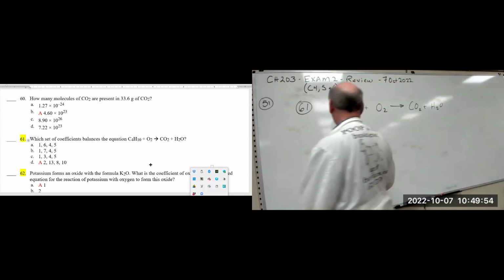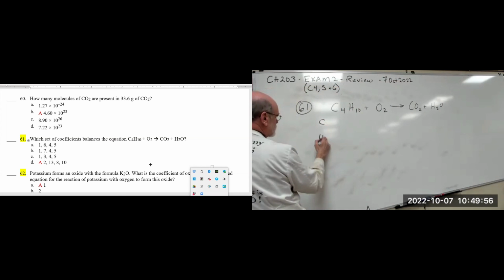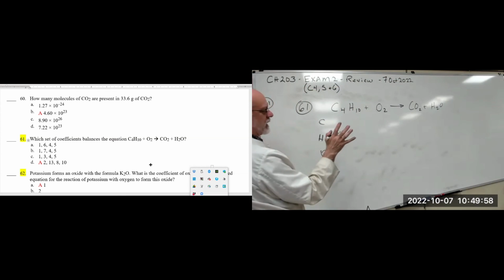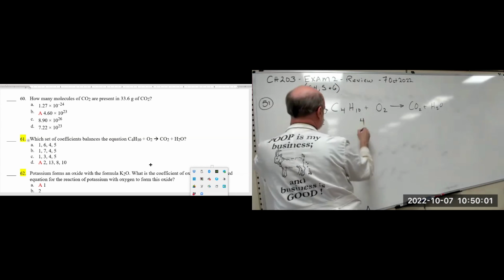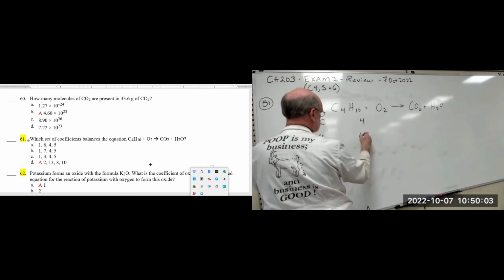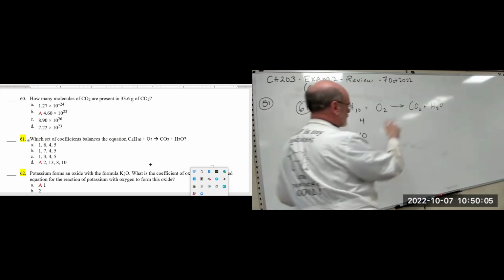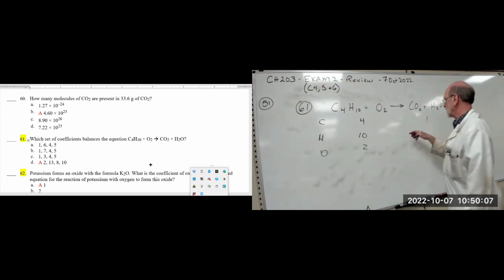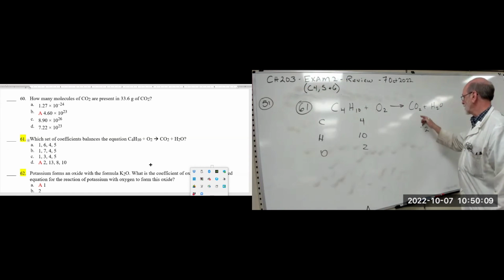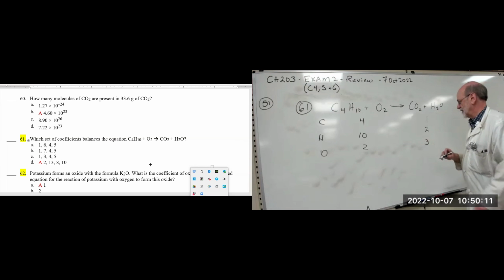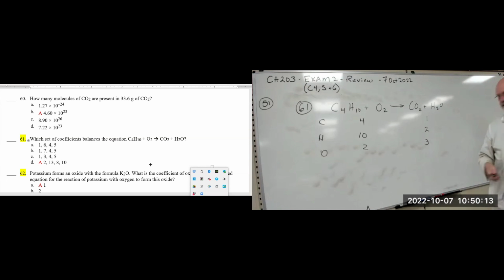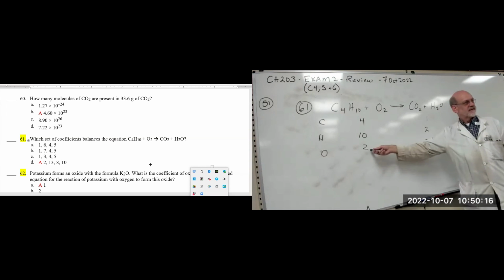Okay, let's set up our budget. Carbon, hydrogen, oxygen. That should be everybody. 4 carbons, 10 hydrogens, 2 oxygens. This side, we got 1 carbon, 2 hydrogens, and 3 oxygens. Right off, we got a problem.